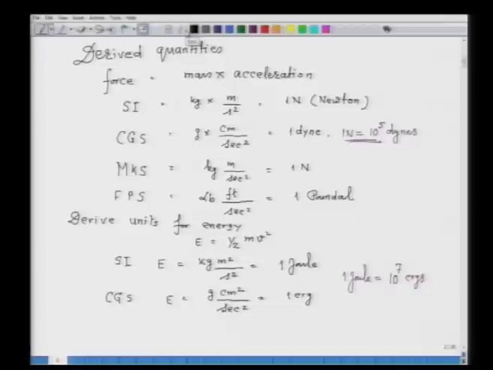Now, also remember that 1 calorie is equal to 4.184 joule. Sometimes in books it is also given as 4.183, but you can take 4.184, and this is what you call thermochemical.